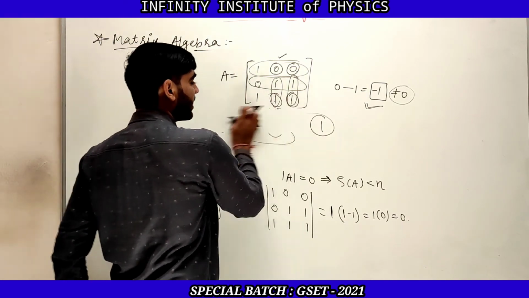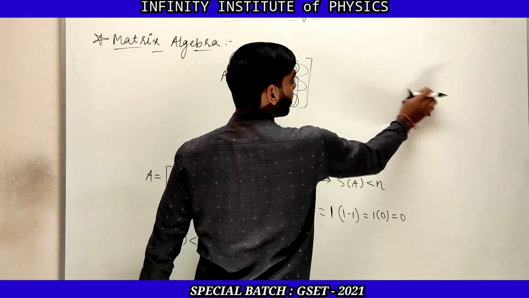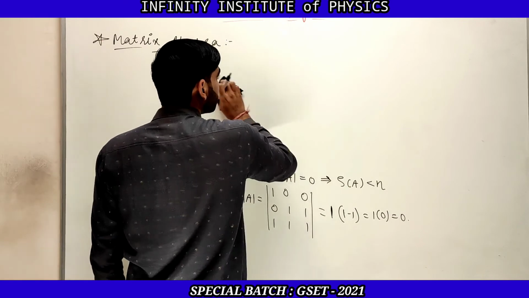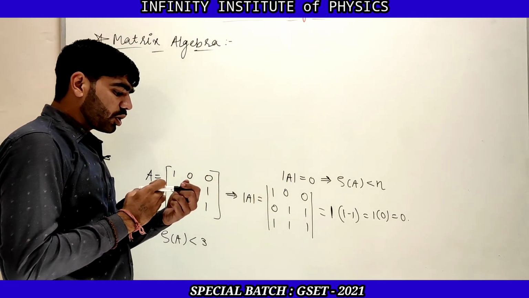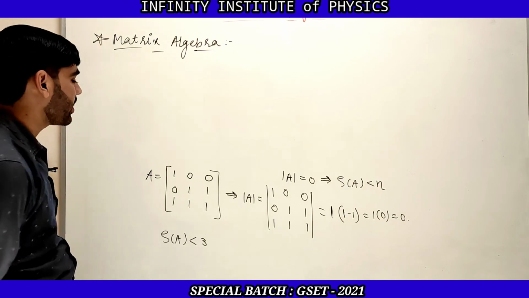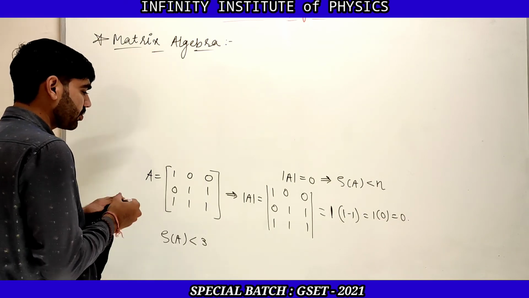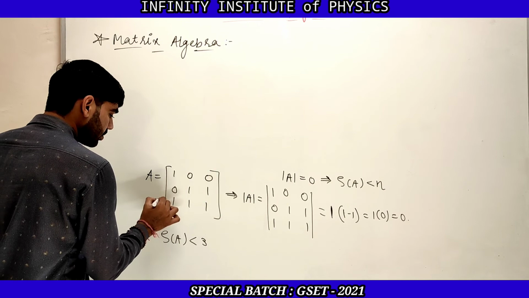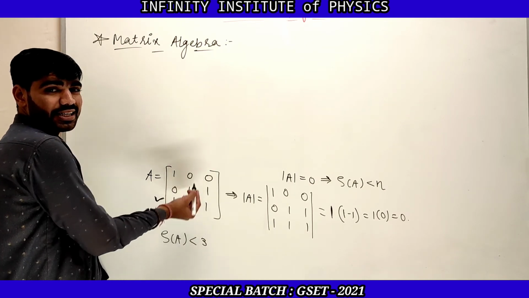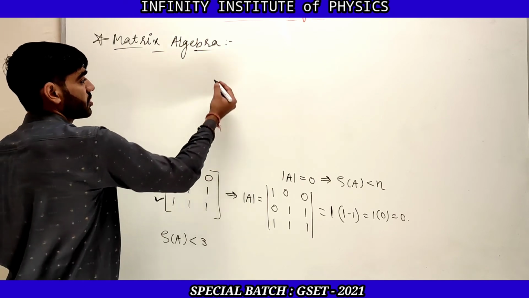And why is that rank equal to 2? Now here we have calculated that rank is equal to 2. Why? That means there are only 2 linearly independent rows in the given matrix, and you can also see here that the third row is dependent, or it can be written as a linear combination of the first two.